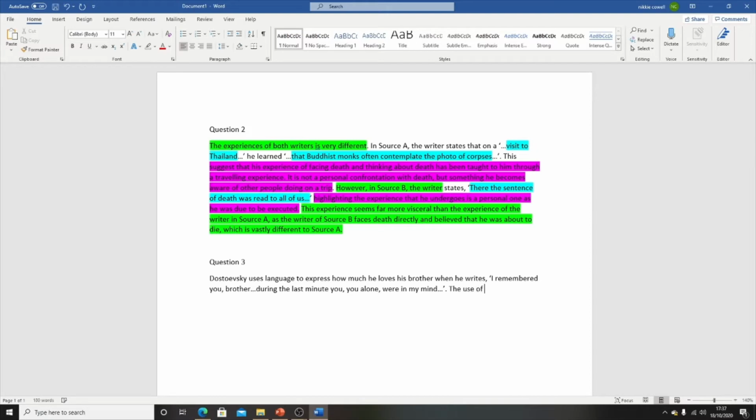The use of the verb, and again, because I'm quoting from the text, I'm going to put "remembered" in quotation marks, suggests that as the writer is close to death, he is drawing on memories and recalling those important to him.